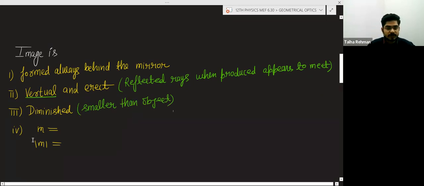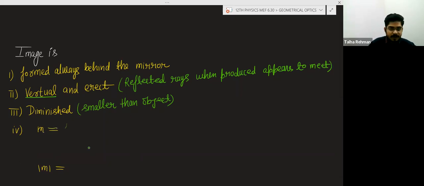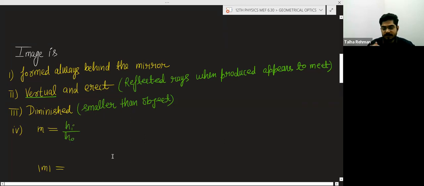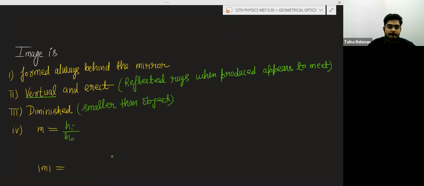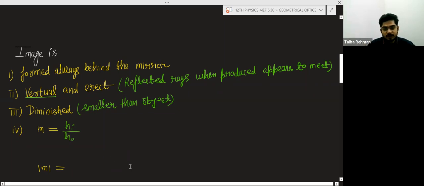So what will be the sign of magnification? First we will see sign of magnification here. Will the magnification be positive or negative? We will see. So what is magnification? Magnification is height of the image divided by height of the object. So above the principal axis, we take the positive distance. Below the principal axis, we take the negative distance.